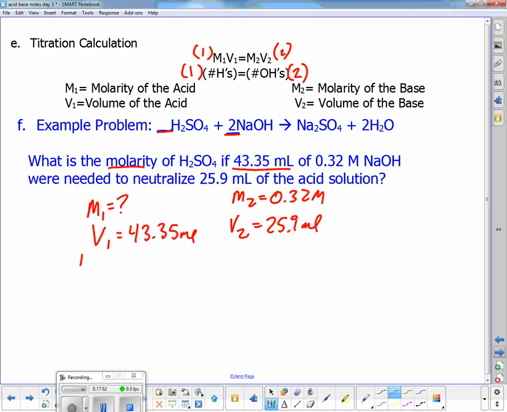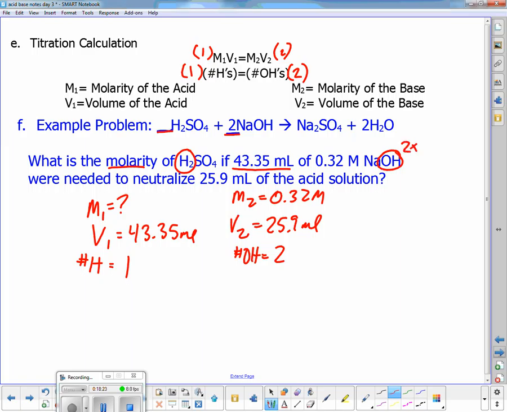Now, the number of hydrogens that I need is 1 compared to the number of hydroxides that I need, which is 2. Can everybody see that? The other way I can look at it is I need 1 of those, but in order to balance it, I need 2 times what I've been given over here.